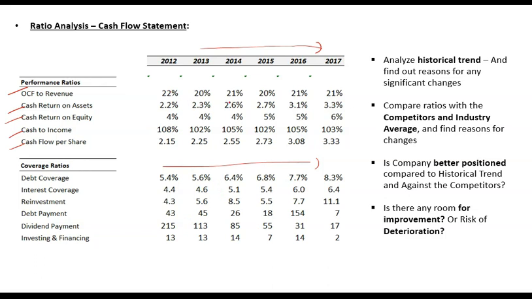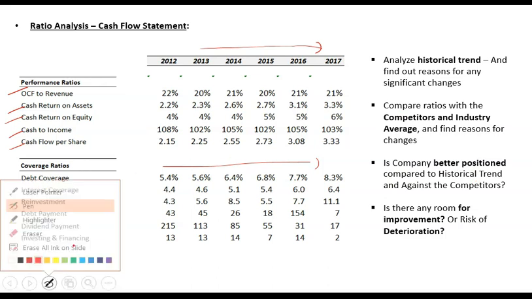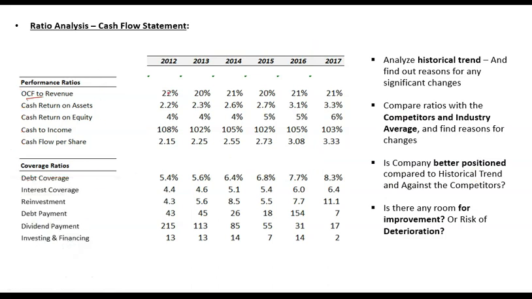Now the question is, is the company in a better position compared to the historic trend or not? Overall, OCF to revenue is consistent or stable, which means the company has been able to consistently convert its revenues into cash. That means cash flow is coming from the core business activity, that is revenue.